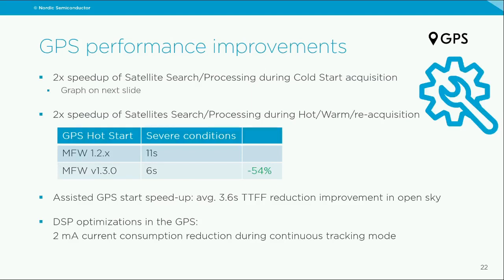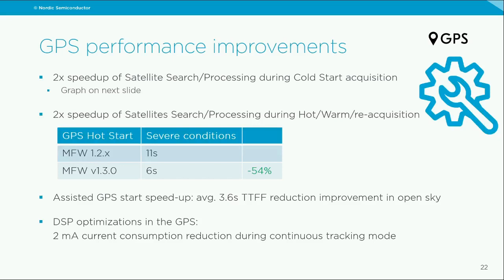Before, you needed to download the time of week from each single satellite, and that took a lot of time, because downloading from a satellite can be time consuming as it has very low throughput. So this is improved with this feature, and we also improved that if you're not using assisted GPS, you only need one satellite to download this time of week parameter. So that's a very good improvement.